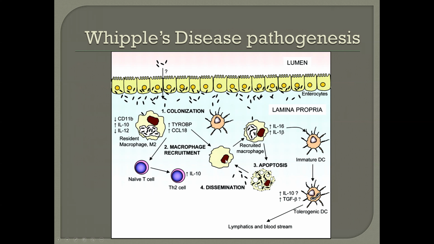And then ultimately there's apoptosis of these macrophages, which releases the microorganisms which have not been killed within the lysosomes, into potential spread, where they've been taken up by the dendritic cells, and some have become tolerant. So that leads to your symptoms in the CNS and lymph nodes and other sites in the body. So that's the challenge.